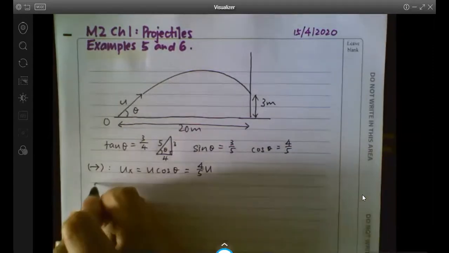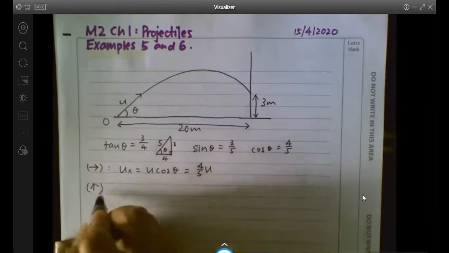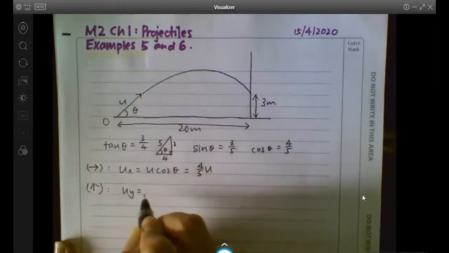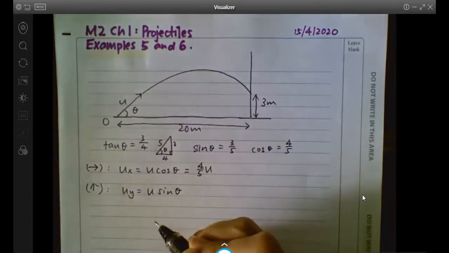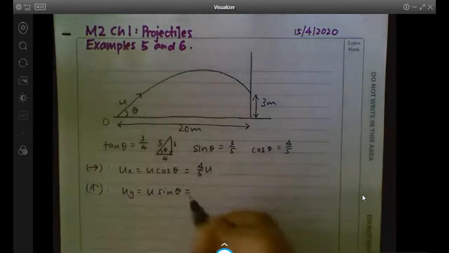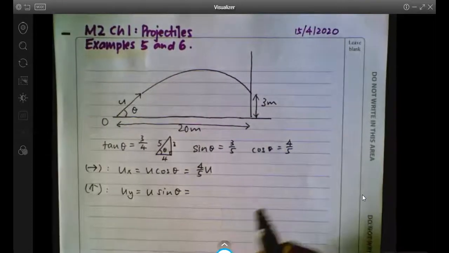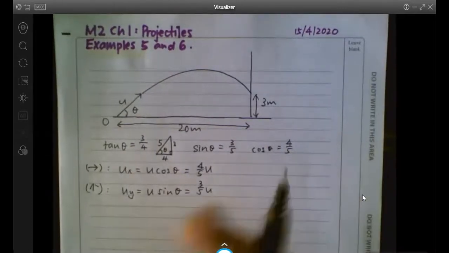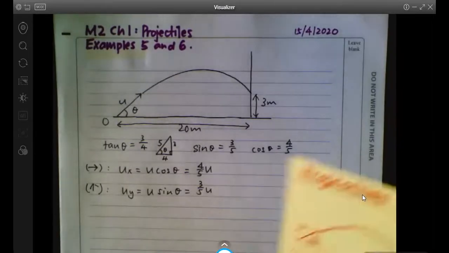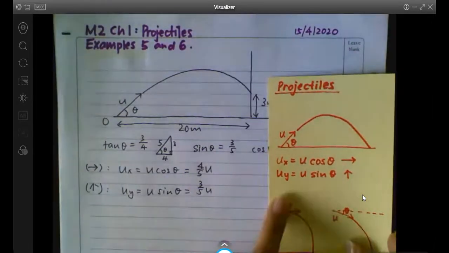If you resolve vertically, uy is u sine theta. You substitute again, you will get 3/5 u, from our basic formula. Remember?